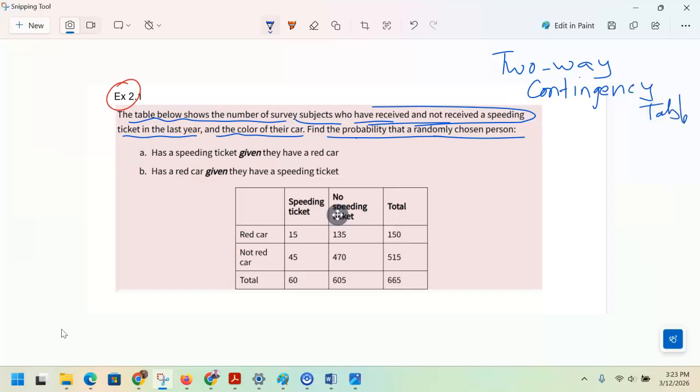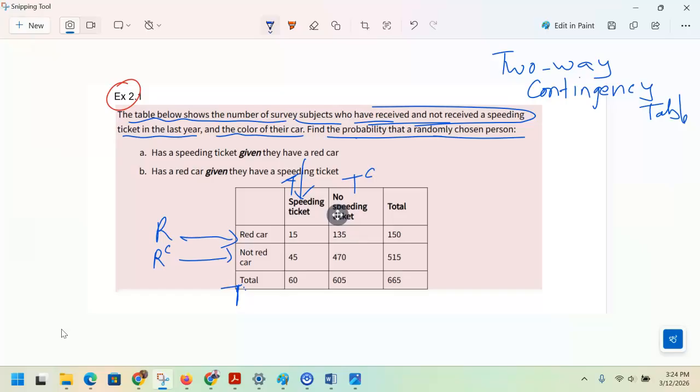So the red car and not red car. They already give you red car, not red car. So this could be R, this is the complement, and this is the total red car. And this is the speeding ticket. We put ticket T, and this could be T complement.